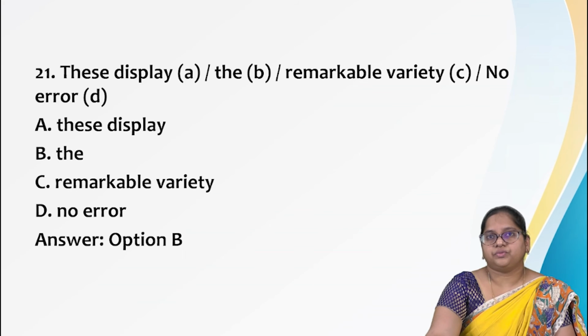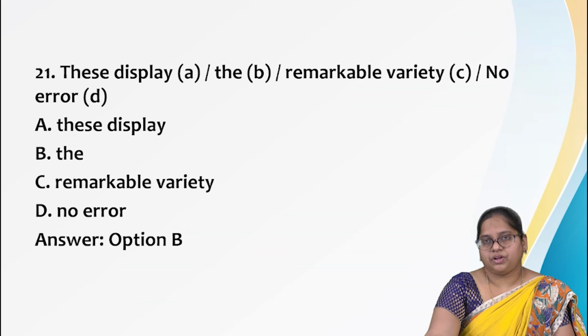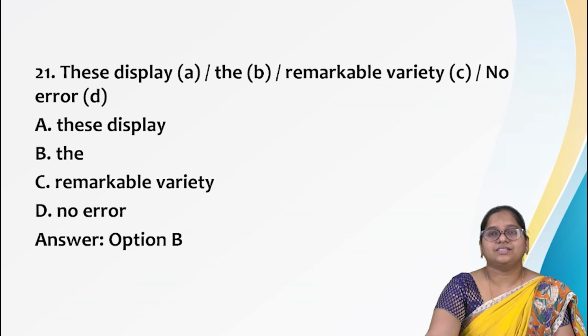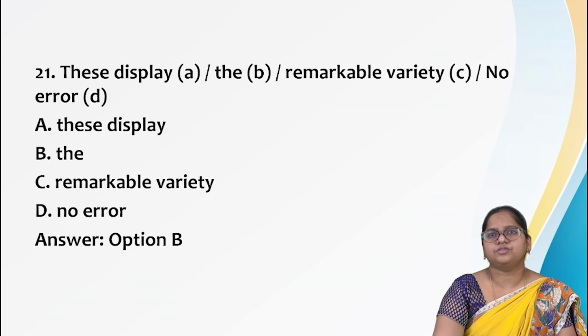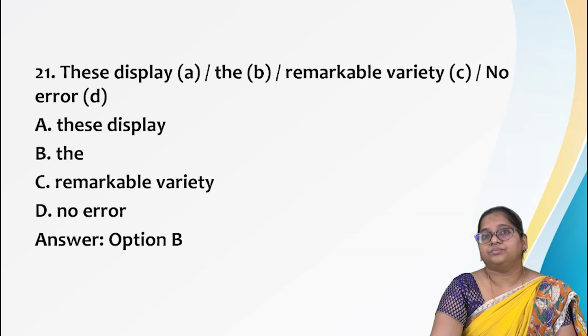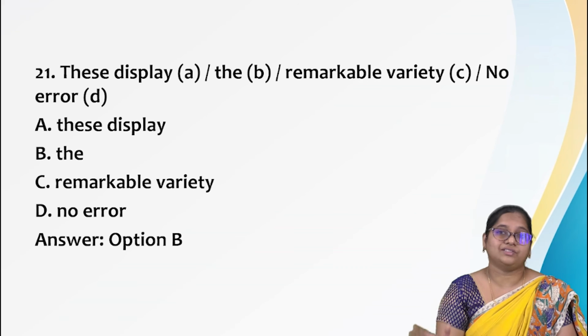Next, question number 21. These display the remarkable variety. No error. What's wrong here? Generally, when you say the remarkable, you refer to the best, only one thing.